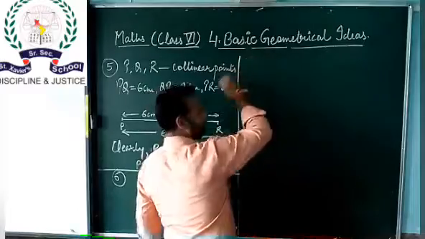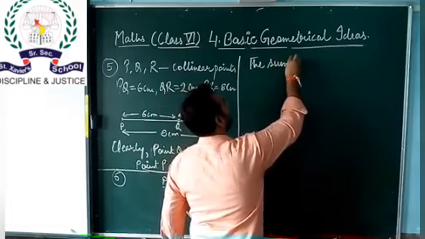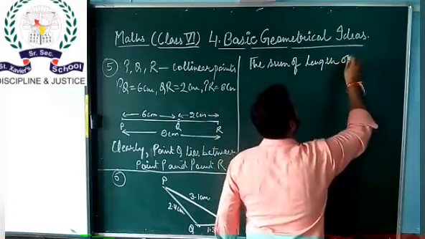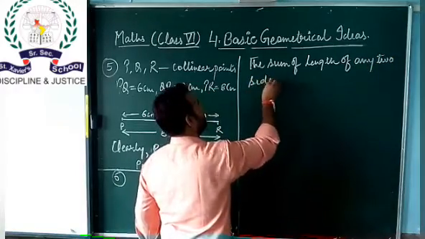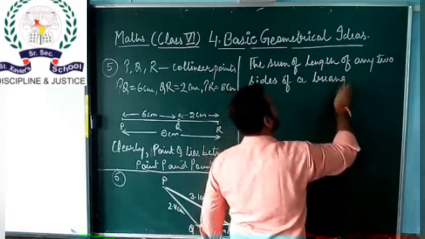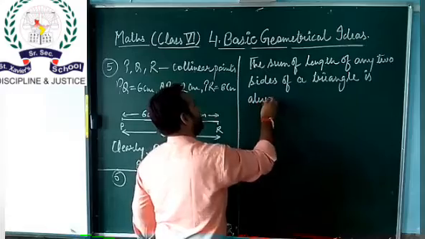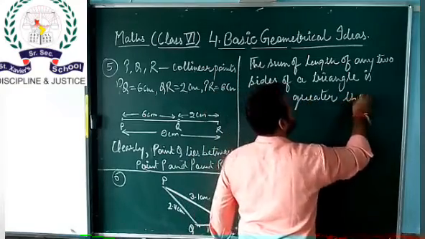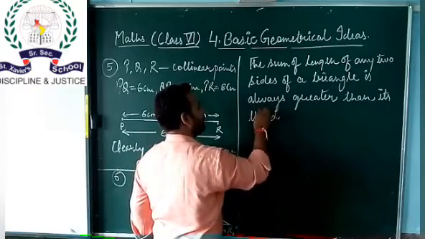We know that this is a property: the sum of the lengths of any two sides of a triangle is always greater than its third side.